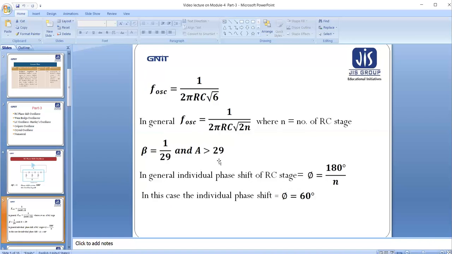So this is a specific criterion for designing this RC phase shift oscillator. In general, the individual phase shift of the RC stage equals 180 degrees divided by n, where n is the number of stages. In this case, as n equals 3, the individual phase shift will be 180 degrees divided by 3.